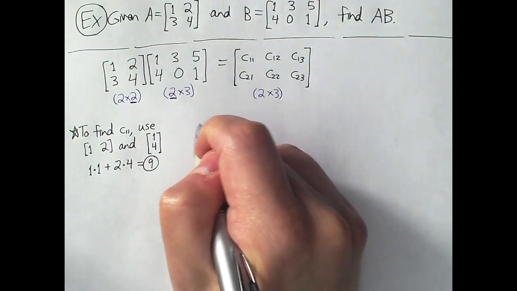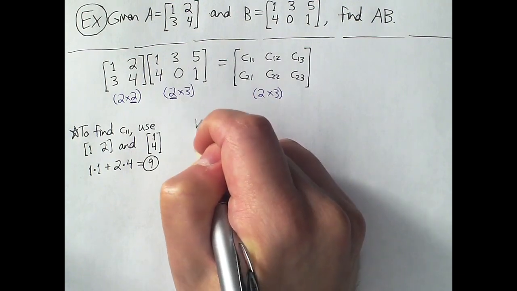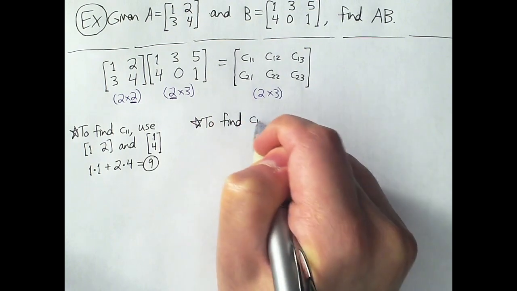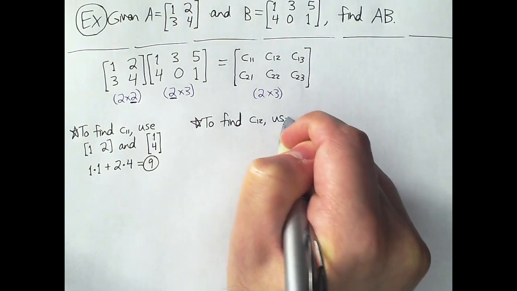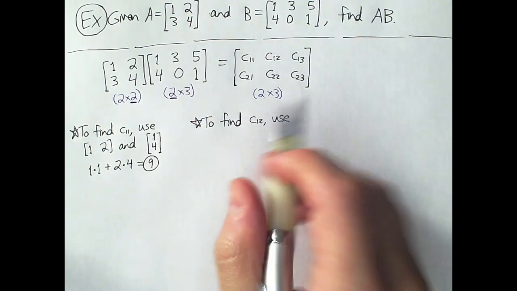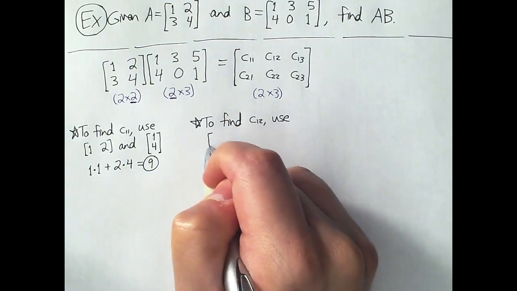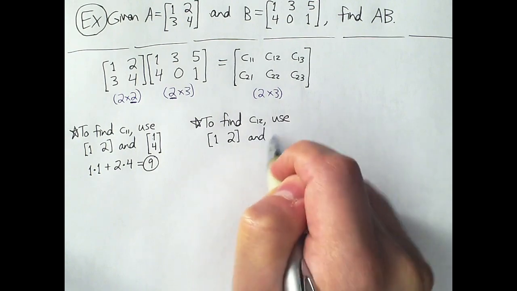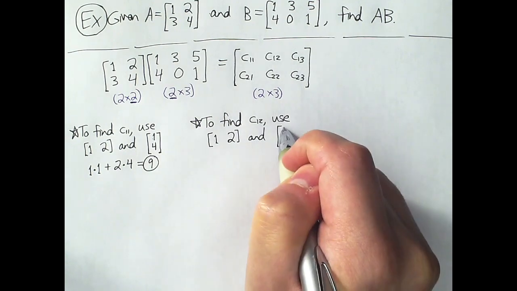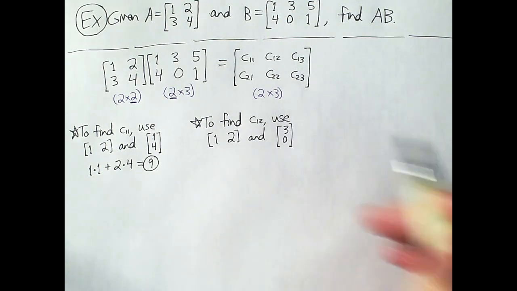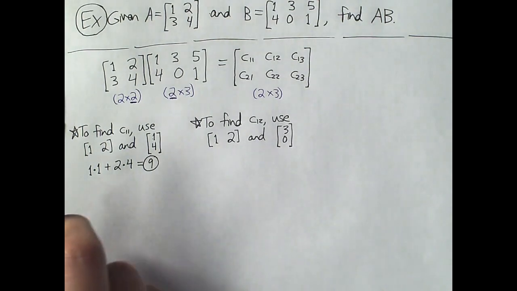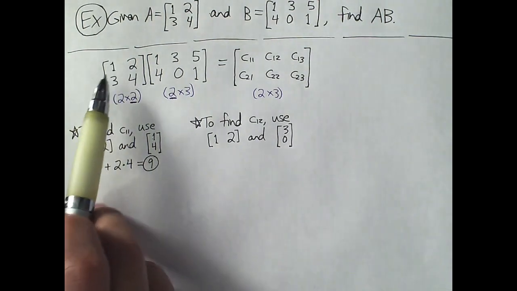See, so we're making 6 little problems out of this, but they're going to be pretty small. Let's move on and find C12. To find C12, we want to use row 1 from A and column 2 from B. Sometimes I see people will circle the appropriate row and column that they're using.